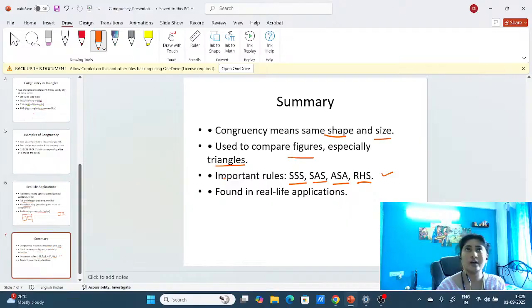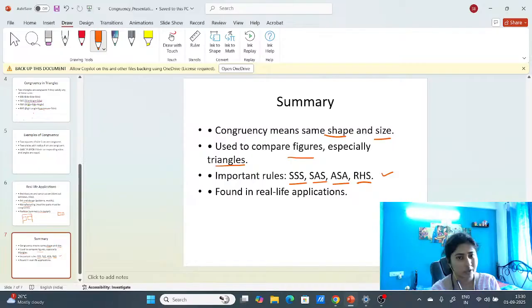How will we find out? You just try to draw some triangles of different sizes, taking different lengths and different angles. Then cut them out and place them on one another, and just try to find out if they are congruent or not.